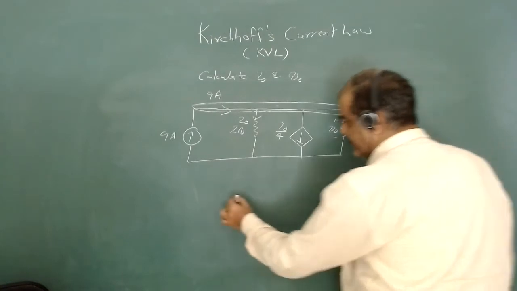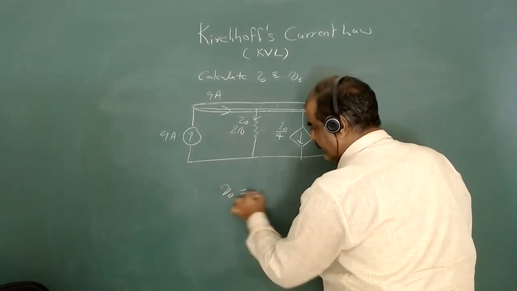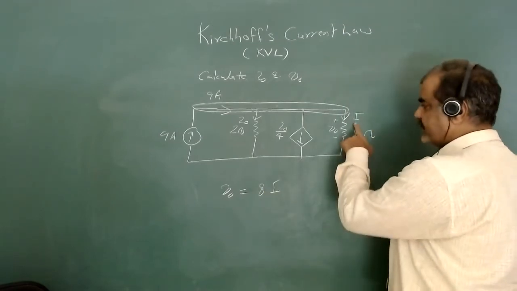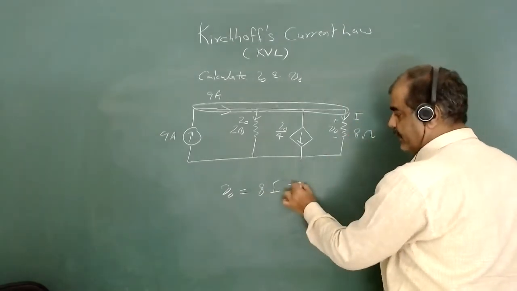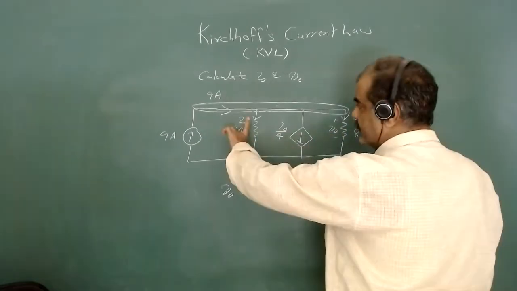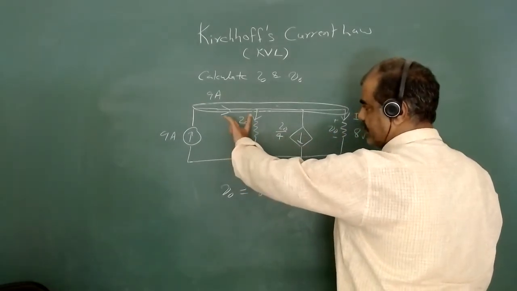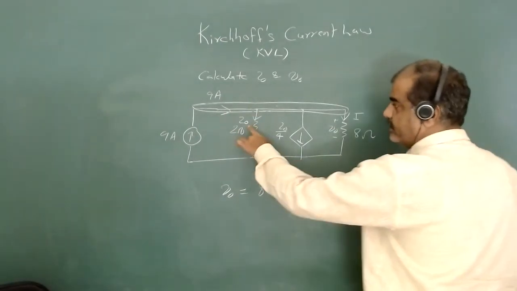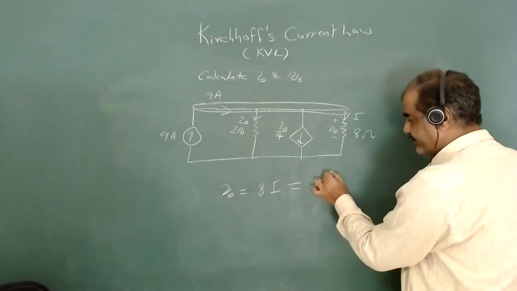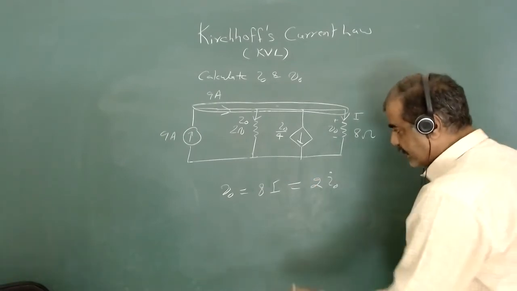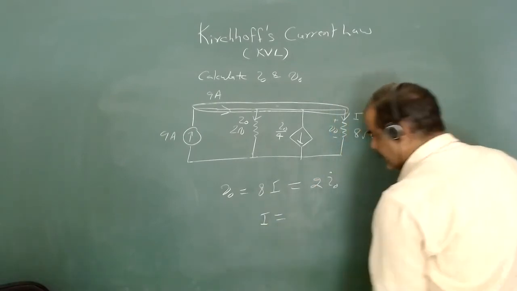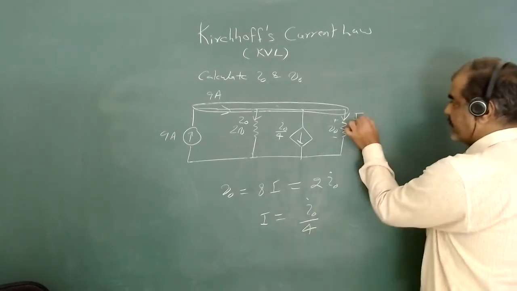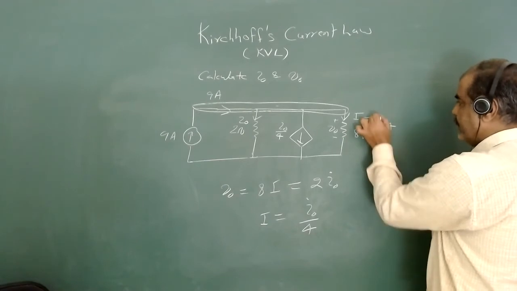So what will be the value of V0? The value of V0 will be 8 into I, because the resistance is 8 ohm and the current flowing is I. And this voltage is also 2 into I0. Now from here I can calculate the value of I: I will be I0 by 4. So in this branch also current I0 by 4 is flowing.